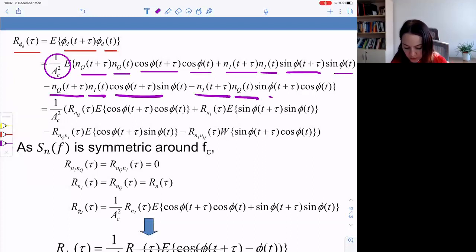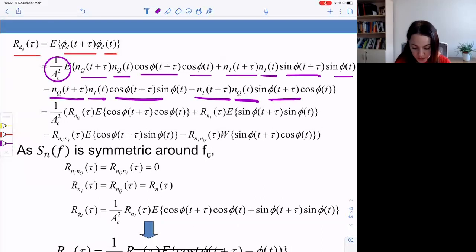Cross terms. The cross terms are going to disappear from the expectation because ni and nq are uncorrelated. Okay. So as a result, we have 2 terms remaining.